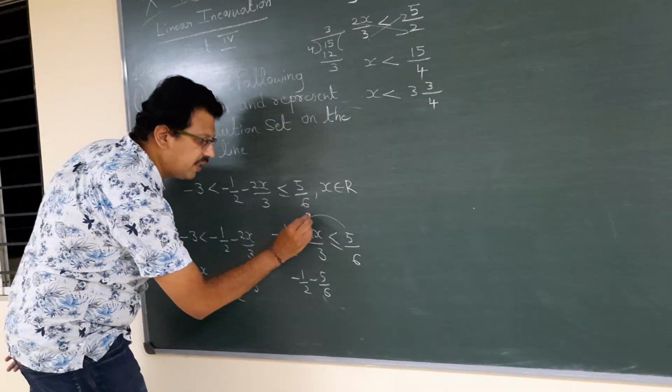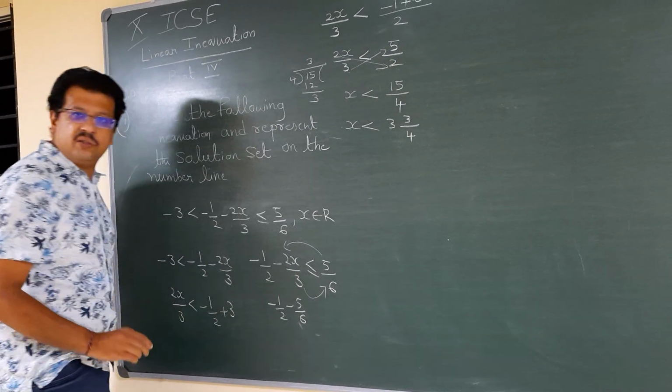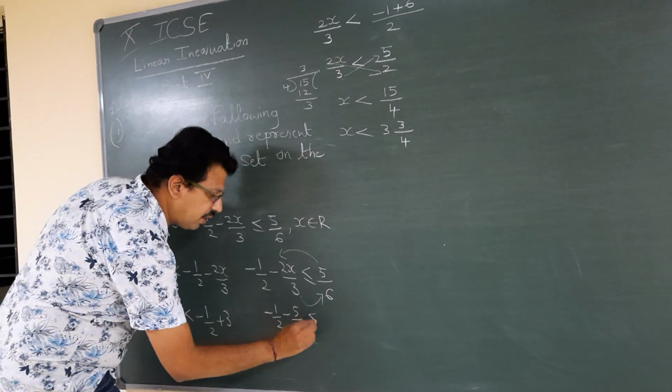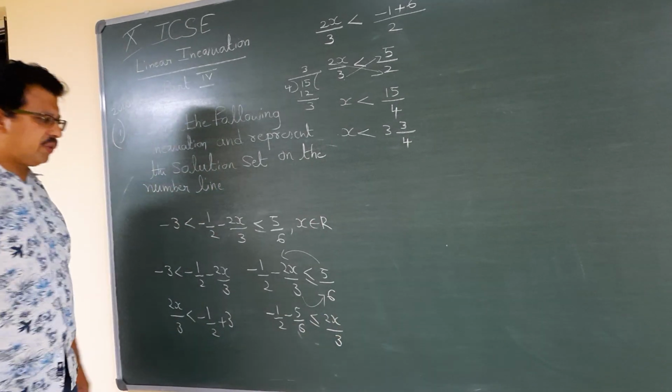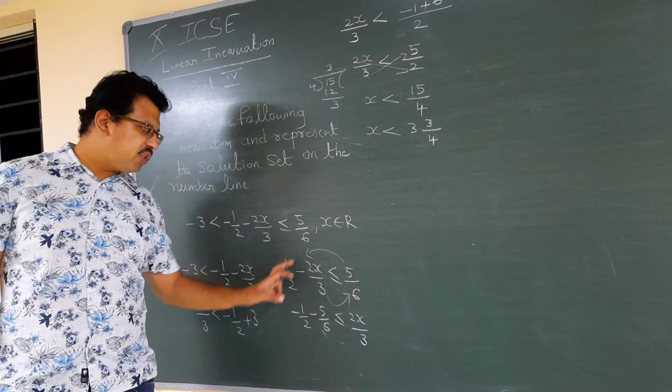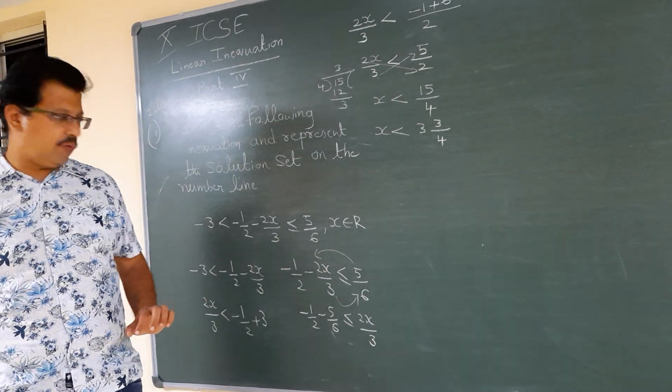I brought minus 5 by 6 to the left-hand side, and minus 2x by 3 to the right-hand side, less than or equal to 2x by 3. I brought the numbers to one side and the variables to the other to make it easier for you.